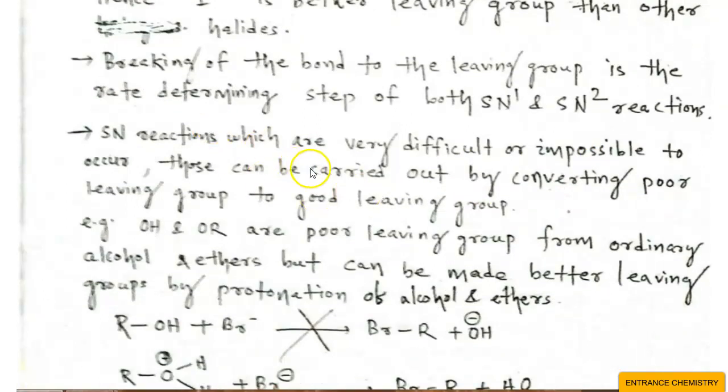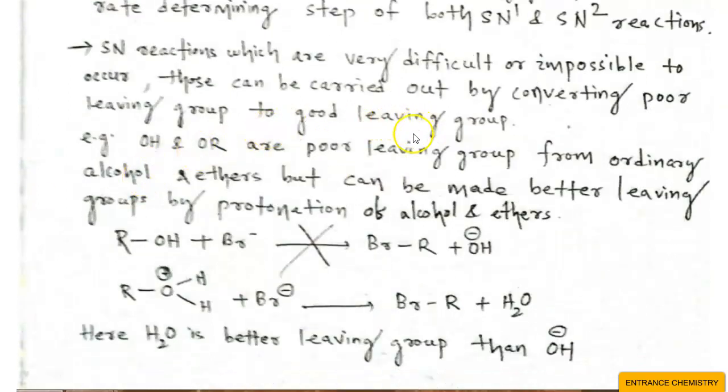SN reactions which are very difficult or impossible to occur can be carried out by converting a poor leaving group to a good leaving group. Example is here. OH or OR groups are poor leaving groups when they are from alcohols or ethers. They will not undergo SN reactions.